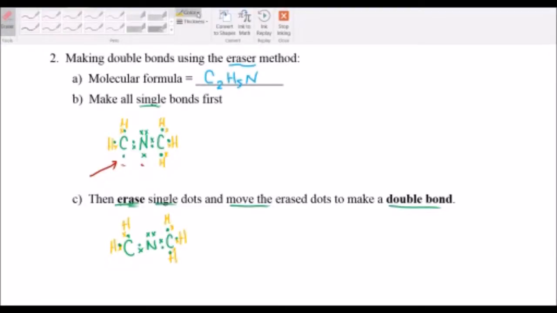I now bring those 2 electrons back. And they'll come back in between this C and this N where they lost dots. They didn't really lose them. We just moved them. So now you should see in this space here, that's a double bond.